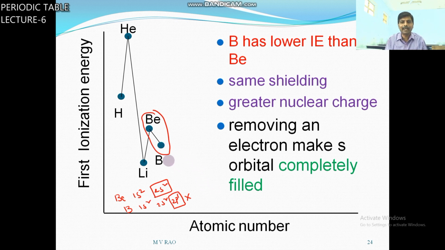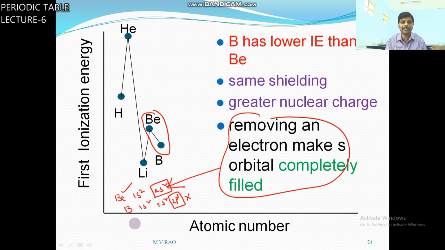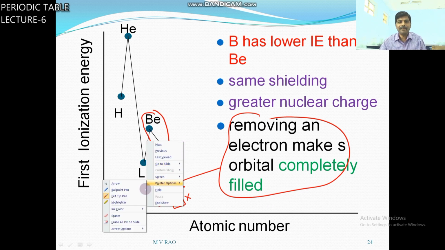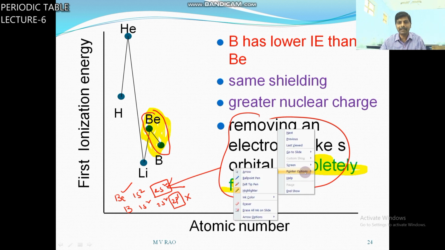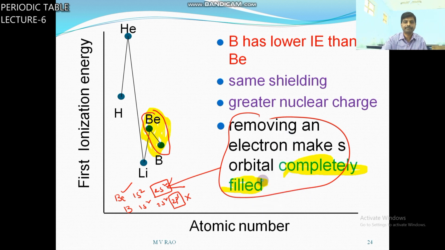Removing an electron from a completely filled orbital is difficult. So that's why the beryllium IP value is more. This point is important. The IP value of beryllium is greater than boron because of the completely filled s orbital in beryllium.